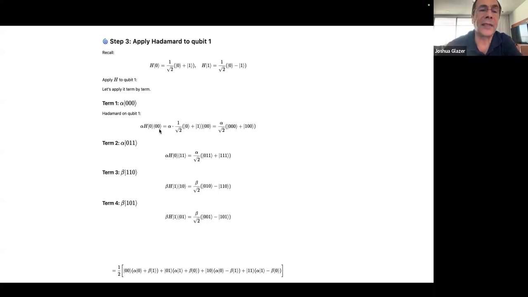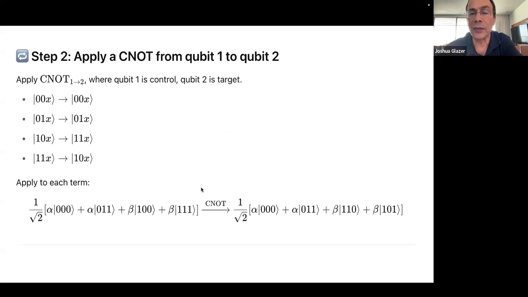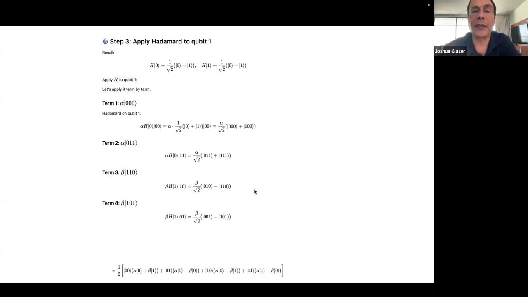So the first element, when I put the Hadamard on the zeros on this one, this is what I get. It makes sense that I get 2 parts because Hadamard is divided into 2. And this is the second. Let's do the second. Let's do the third. Okay? So the third is 1, 1, 0. Let's look at it.